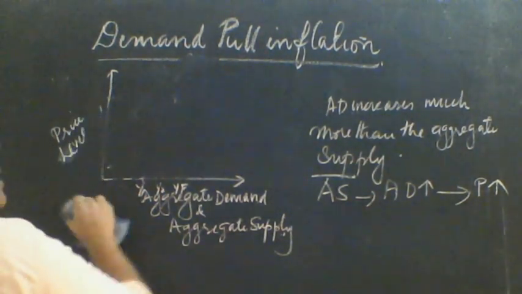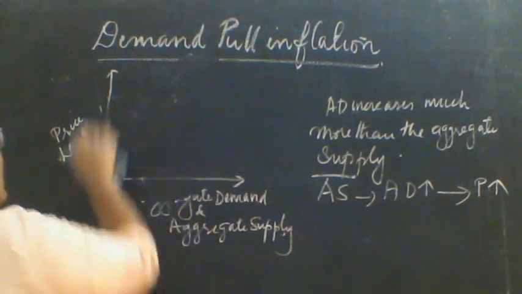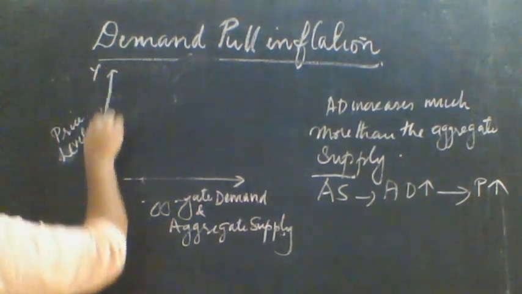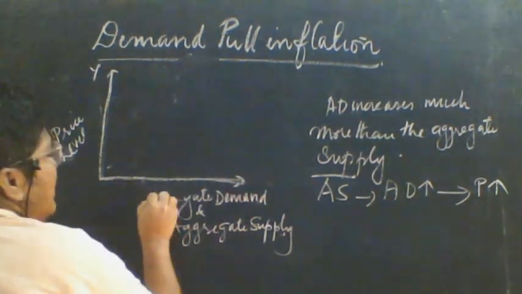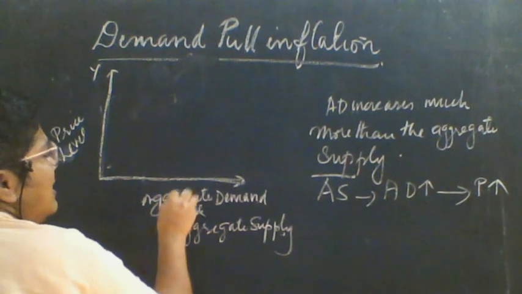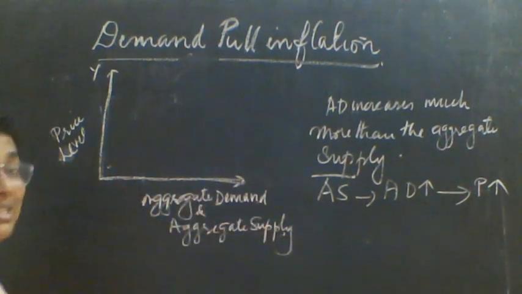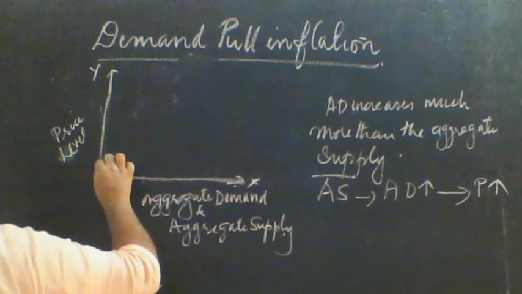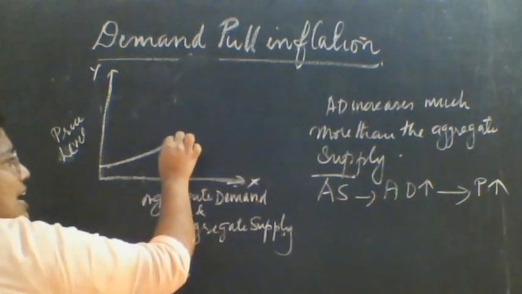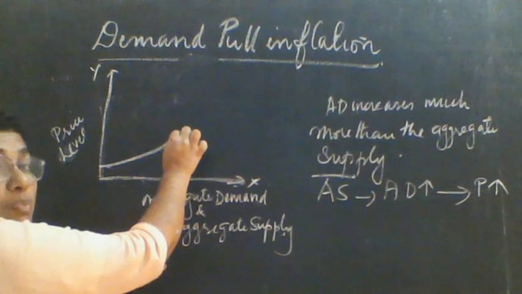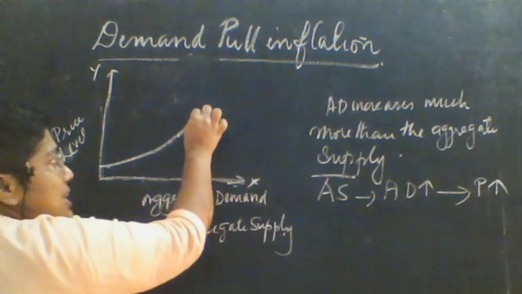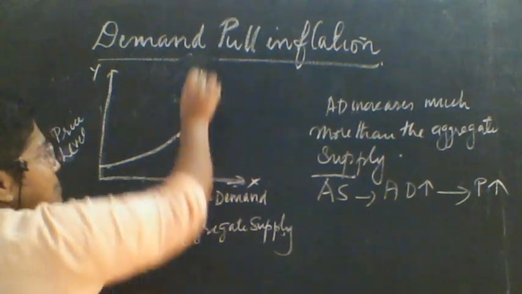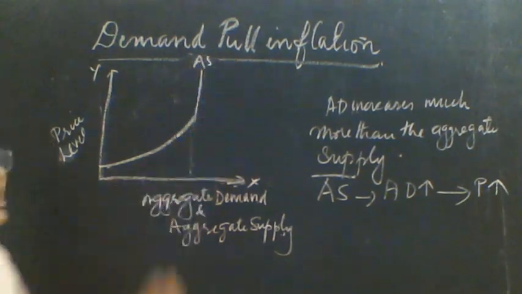So you have aggregate price level on the y-axis, and aggregate demand and aggregate supply on the x-axis. Now the aggregate supply curve goes like this: a gentle positive slope, and then it becomes vertical. Can you follow?